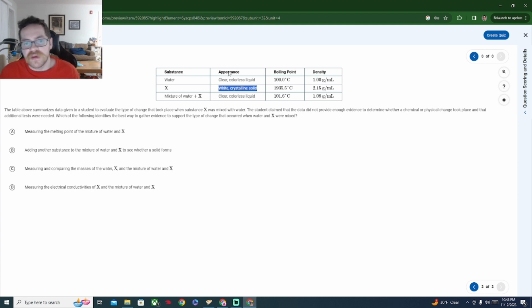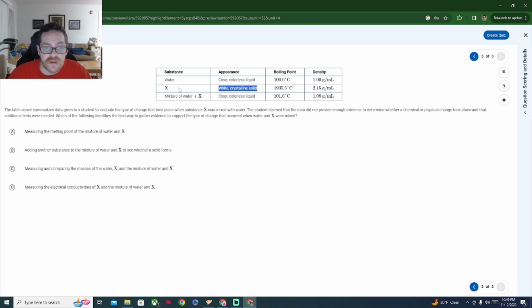So if we see an increased electrical conductivity after we add X, that's a good idea that an ionic solid dissolved.